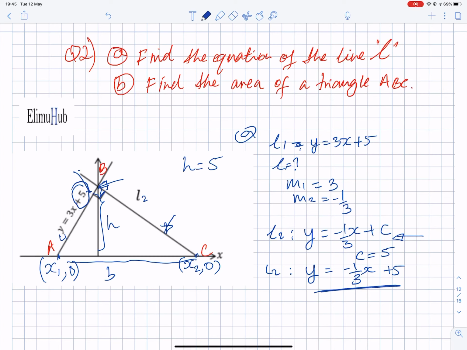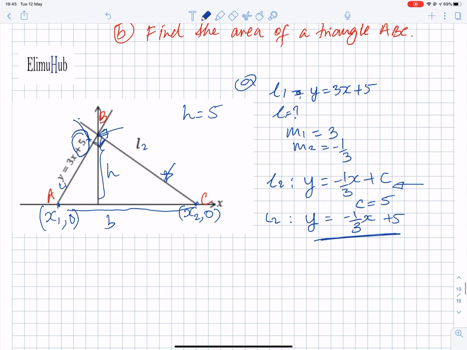Okay, we can use L1 to find what the value of x is at that particular point. So x1: if we say y equals 3x plus 5, when y equals 0, then 0 equals 3x plus 5, this means 3x equals negative 5, x equals negative 5 over 3.